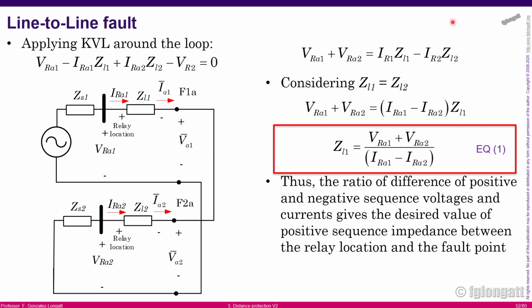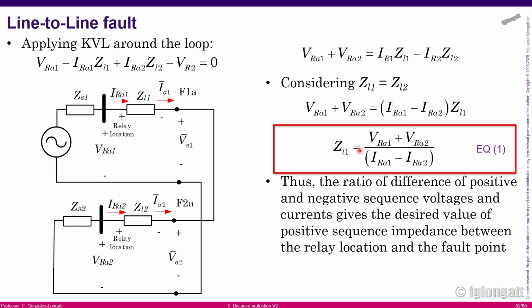If we assume that the positive and negative sequence impedances are equal, which is quite a typical assumption for three-phase transmission lines, we can calculate this. That is the definition of the positive sequence impedance that the relay is measuring.